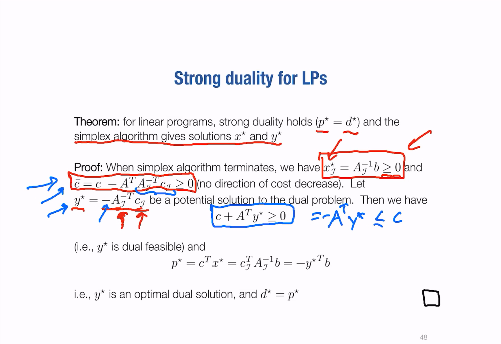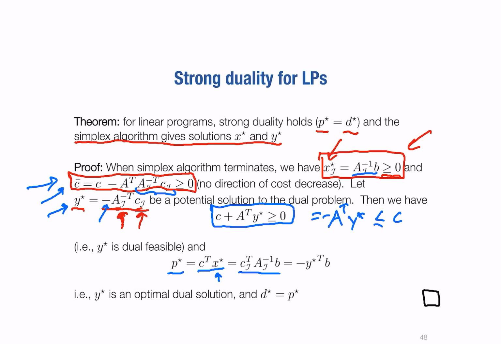And secondly, we know that p star, which was equal to c transpose x star, equals, from this part here, c subscript J, because all the other x's besides the ones in script J are equal to 0. So it equals c subscript J times A inverse b.